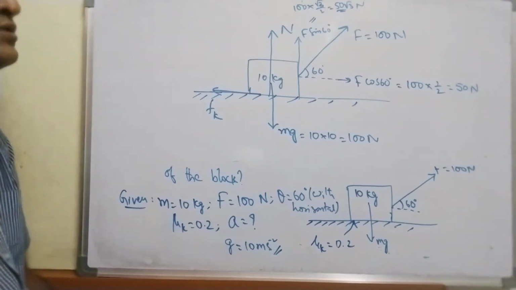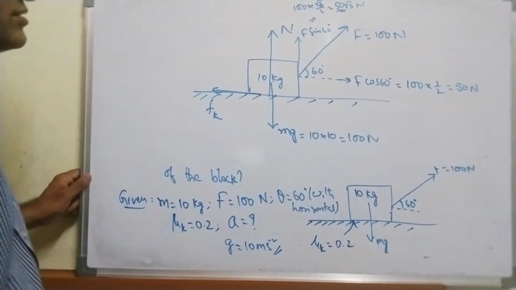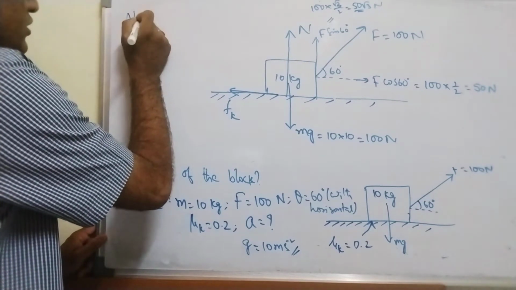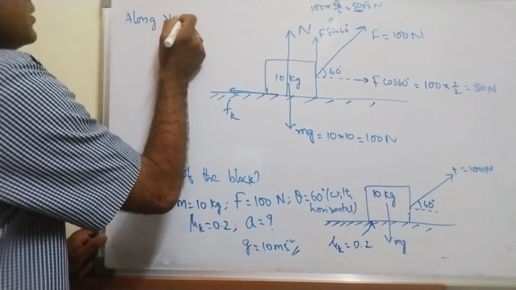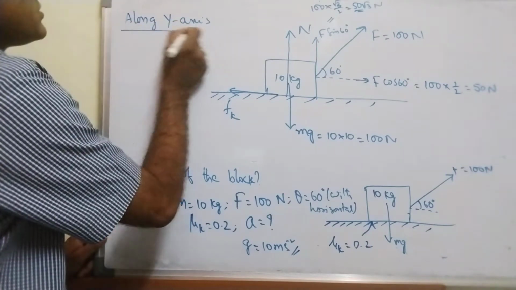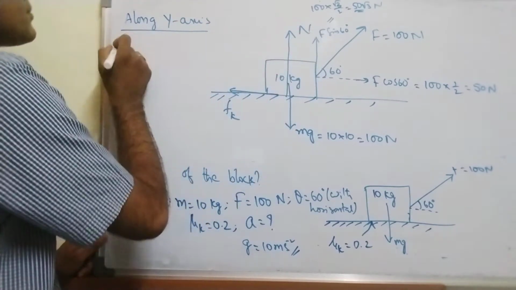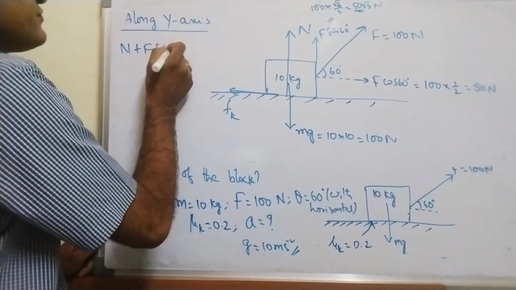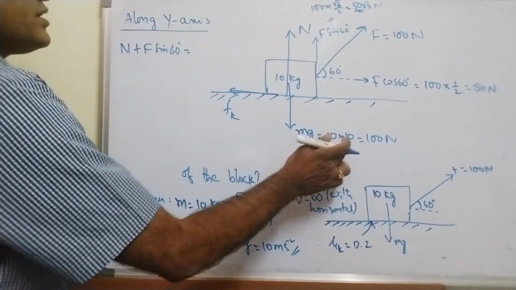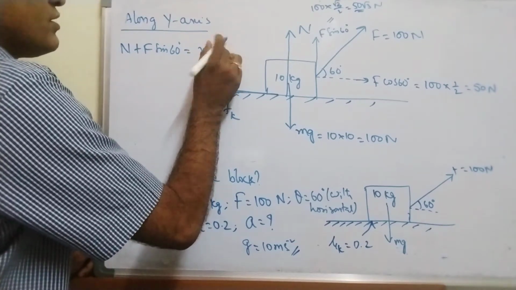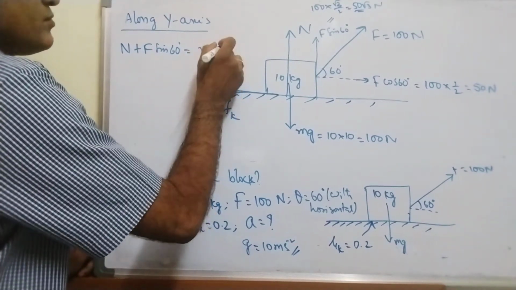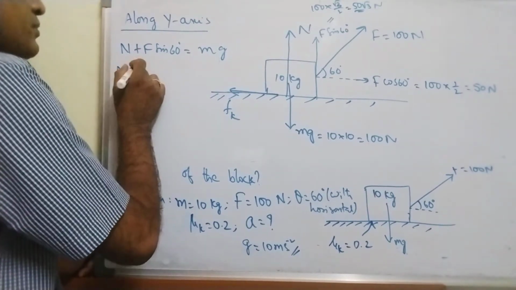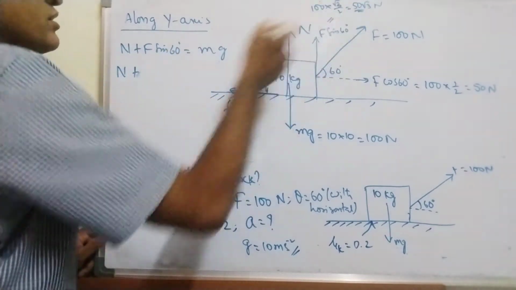Now let us find out along the vertical direction, or along the y-axis. Along the y-axis, I can write normal force plus F sin 60 must be equal to mg. This is the general form. I want the normal force, which I don't know, plus F sin 60, which I already got as 50 root 3.